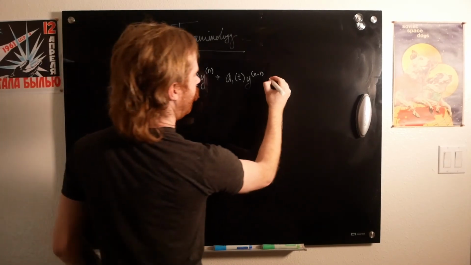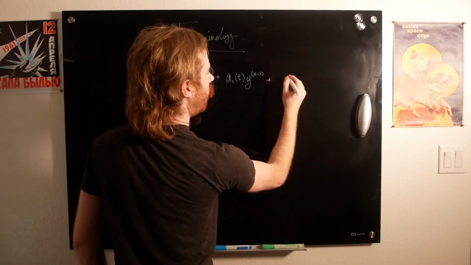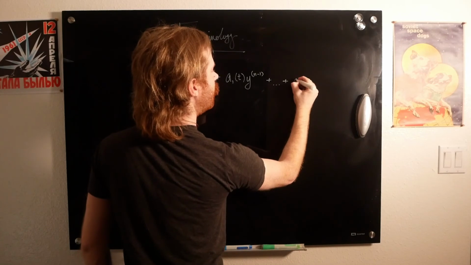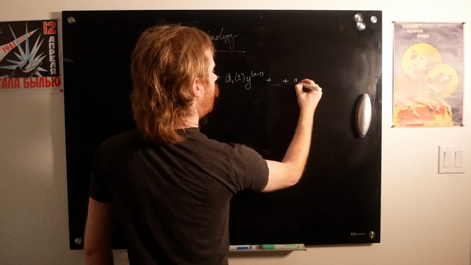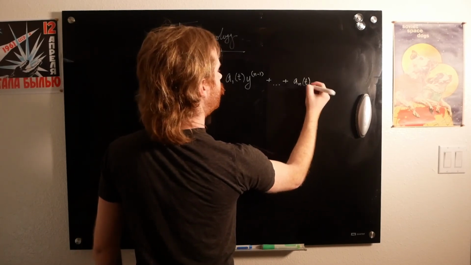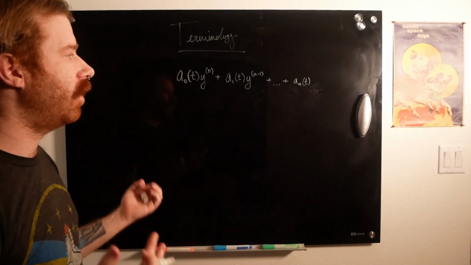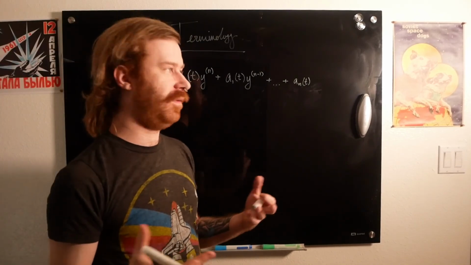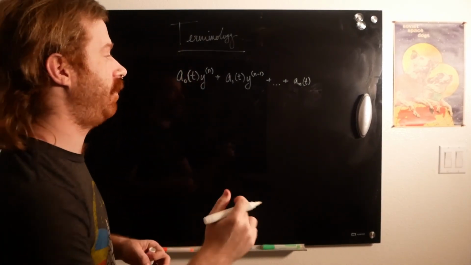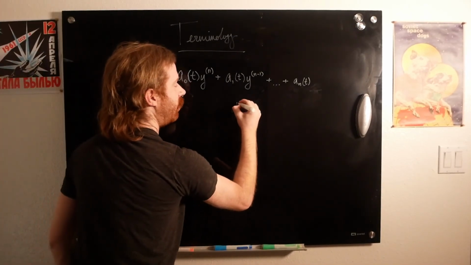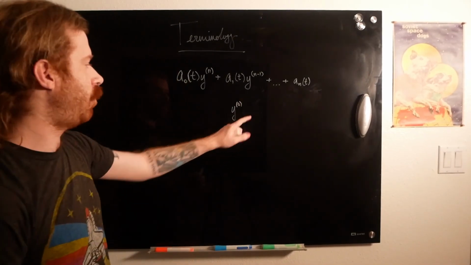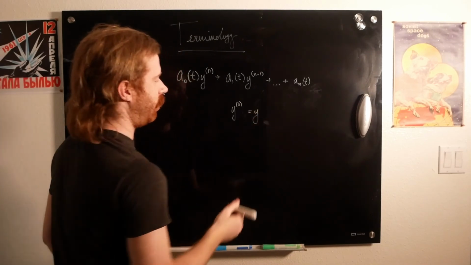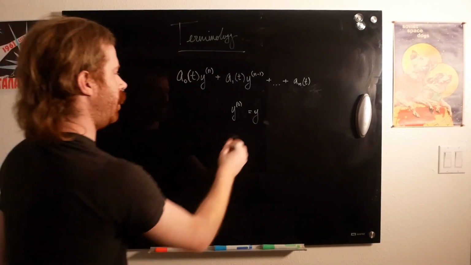The idea is, if it's linear, it's going to go all the way until you get to just y. What is the zeroth derivative of y? The zeroth derivative of y is just y. You haven't taken the derivative of it. You haven't done anything.